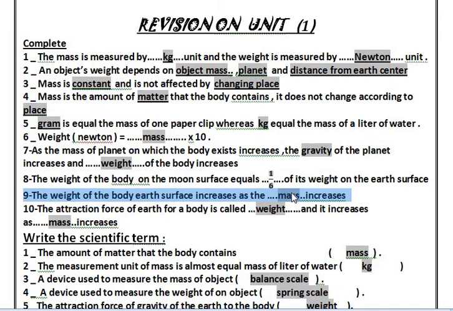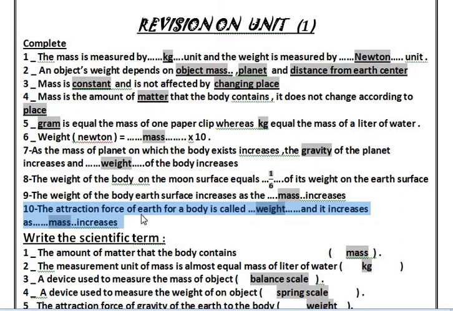As mass increase. Number 10. The attraction force of Earth for a body is called weight, and it increases as the mass increase. Attraction force, this is the definition of weight, and it increases as the mass increases.